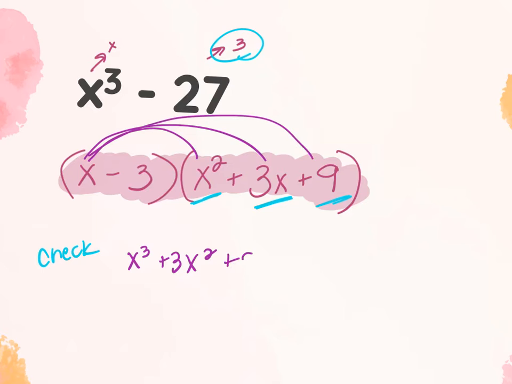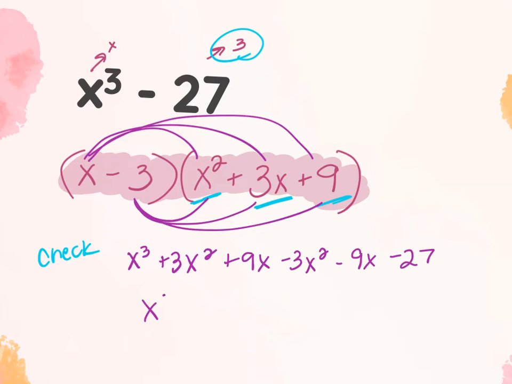Then here, 9x. Then here. Then here. Then here. Simplify. This would cancel. This would cancel. Minus 27. So every single factoring question can be checked. You just need the time to do it.